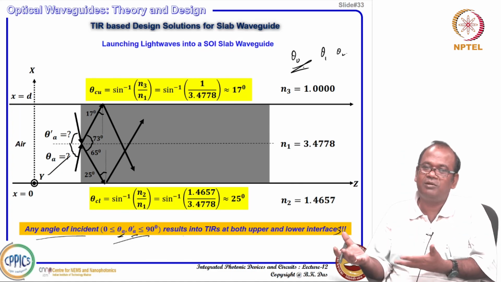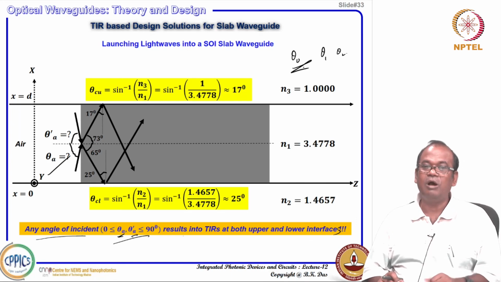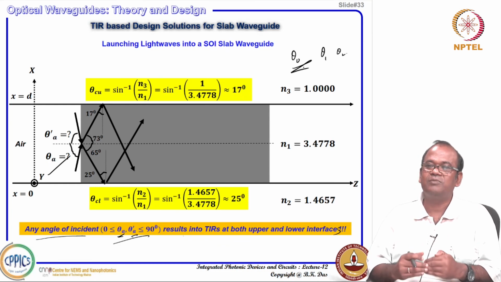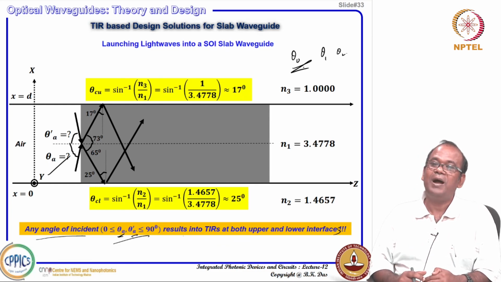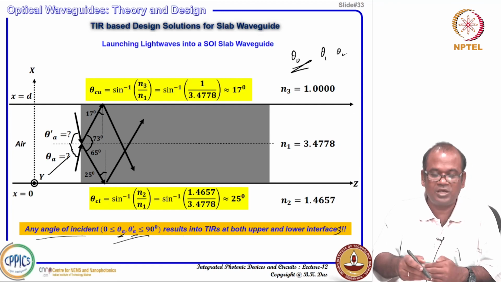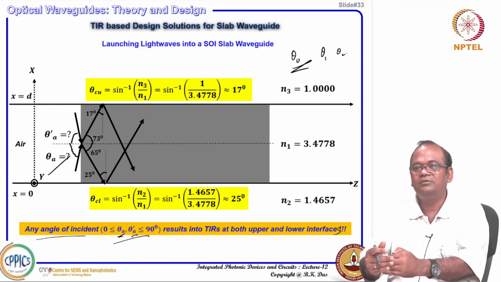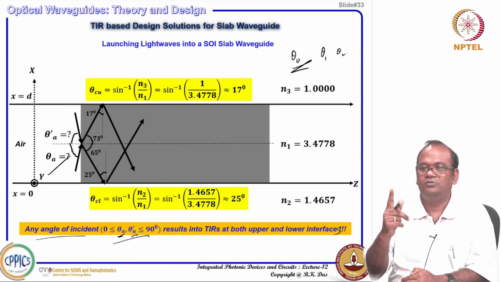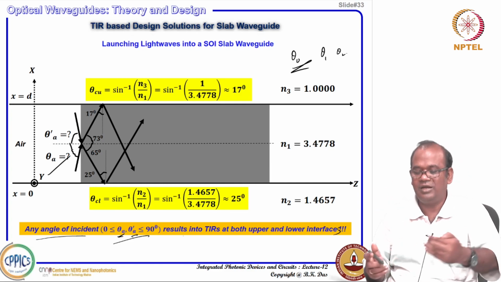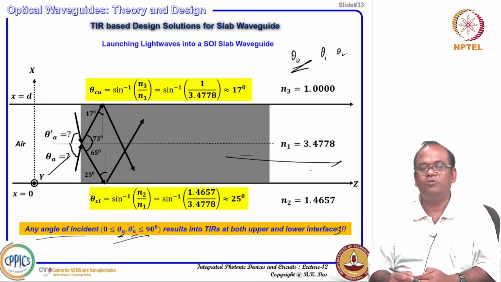You can calculate and design how many modes will be supported depending on the thickness, and what minimum or maximum thickness is required so that in the vertical direction only one mode can be supported. If only one mode is supported, whatever angle you launch, if it is guiding at all, it will be the fundamental mode, because any other mode, even if excited, will leak and will not carry energy or propagate as a mode.